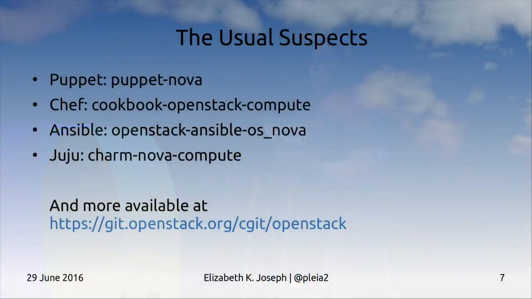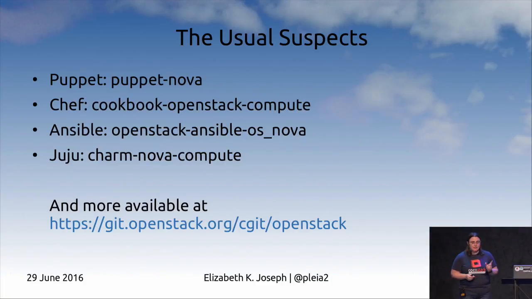So in the configuration management space, there are 4 key configuration management systems that are now in the OpenStack tree. I mentioned those thousands of projects, and these are in that collection. So I gave example names here for what you'd be looking for in this git.openstack.org list. For Puppet, you have Puppet modules, and they're named with Puppet and then the service name.